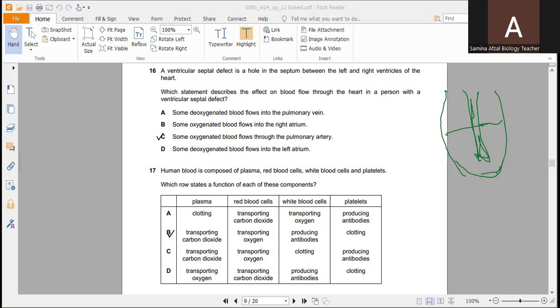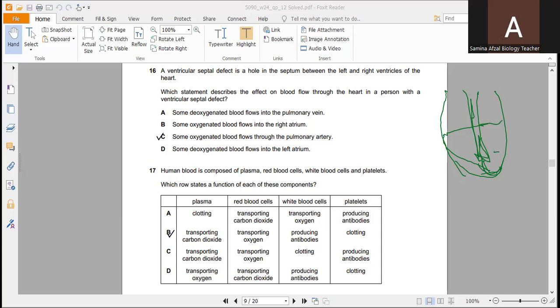So what will happen when there is a ventricular septal defect? The left ventricle has higher pressure than the right ventricle. Due to high pressure, blood flows through the hole into the right ventricle.